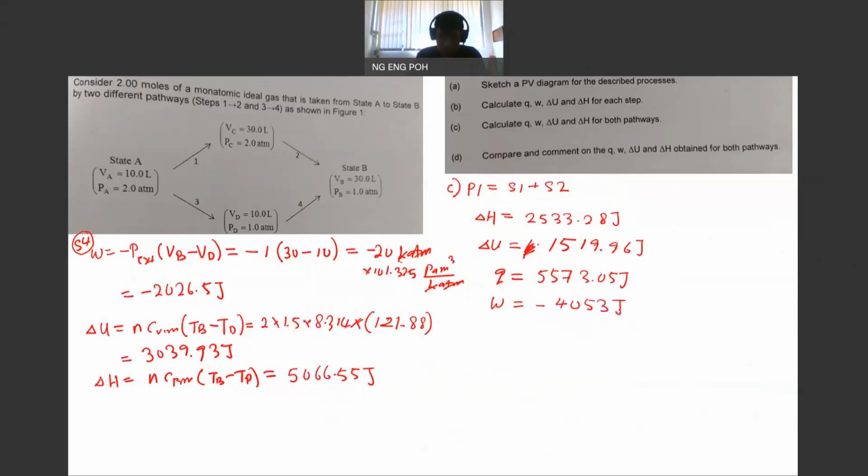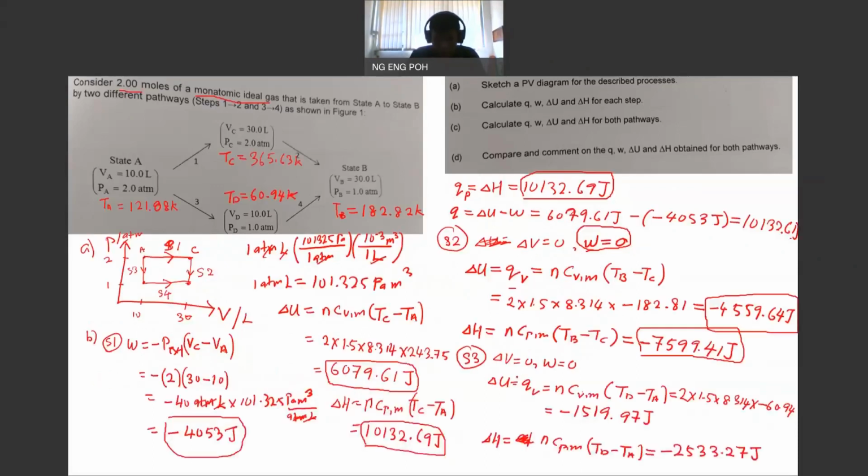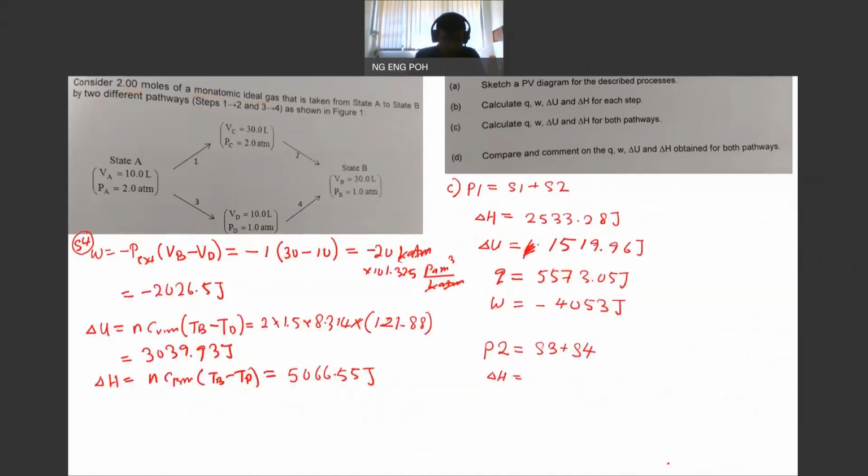Now pathway 2 is step 3 plus step 4. Delta H is negative 2533.27 plus 5066.55.